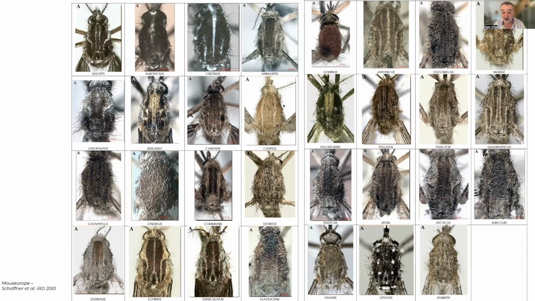They may seem very similar to many of you because of lack of experience, but it's actually quite straightforward in many cases. For instance, Aedes albopictus has a diagnostic white line. Aedes vittatus is very nice because it has 6 dots, just 6 dots in the black thorax. And this way you can get to a first approach of which species it could be.